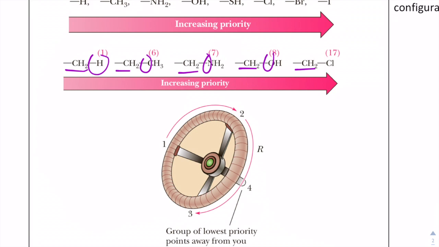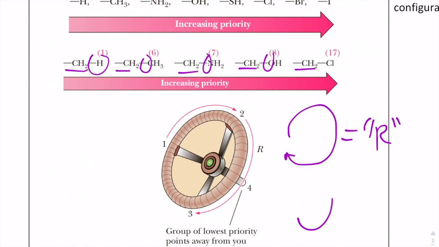And then you want to trace the priority that you numbered everything in. Does 1, 2, 3 go in a clockwise manner towards the right? Because if it does, we're going to call it R. And if those priority substituents go 1, 2, 3 counterclockwise to my left, that's what we're going to call an S configuration, okay?